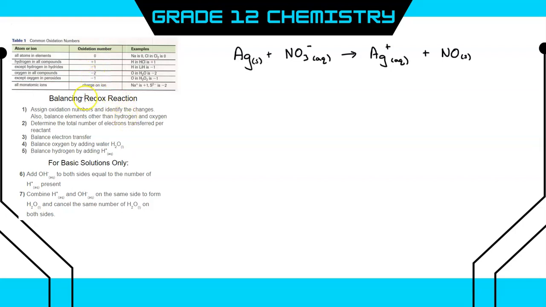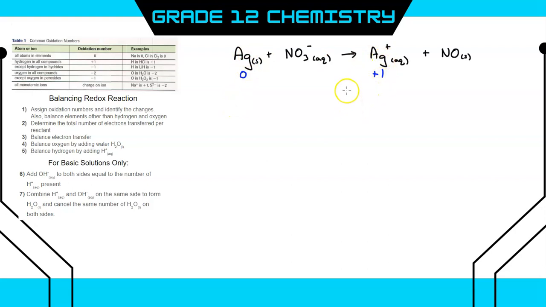If there's anything like monatomic ions, like this silver right here, you just need to look at the charge on the ion. So in this case, the charge is +1. Also, if there's any atoms in element form, like for example, this silver right here, that's just a charge of 0.